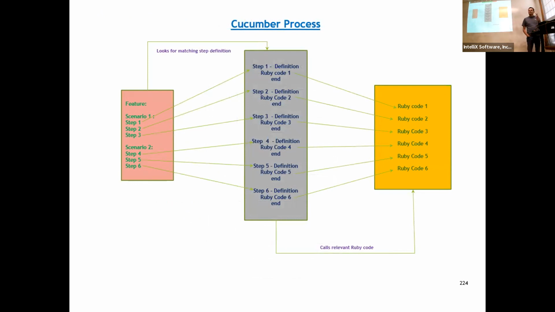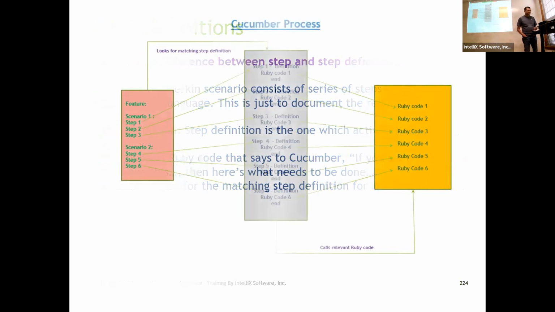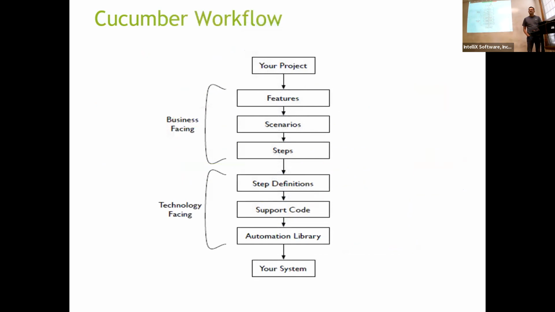Every scenario will have a step definition tied to it and then Ruby code that gets executed. And you have a digital format as well for this PowerPoint slide, so take a look at it. Essentially, it's just a different view of what you have here, like how you link steps to the step definition and so forth.